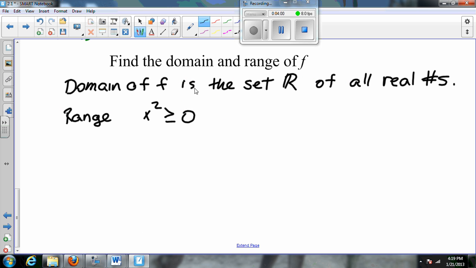So if we were to put this in set builder notation, we would have y, where y is greater than or equal to 0. And if you were to use interval notation, this becomes from 0 to positive infinity.